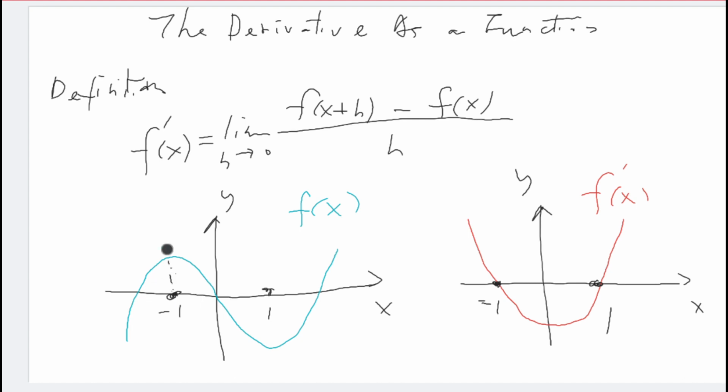So if you check out the slope, you can kind of tell the slope function, which is the derivative, would have a graph like this. For example, you can see here along the graph of f of x, if you draw a tangent line, the slope gets smaller as you move towards the right side, and the slope would be 0 here.